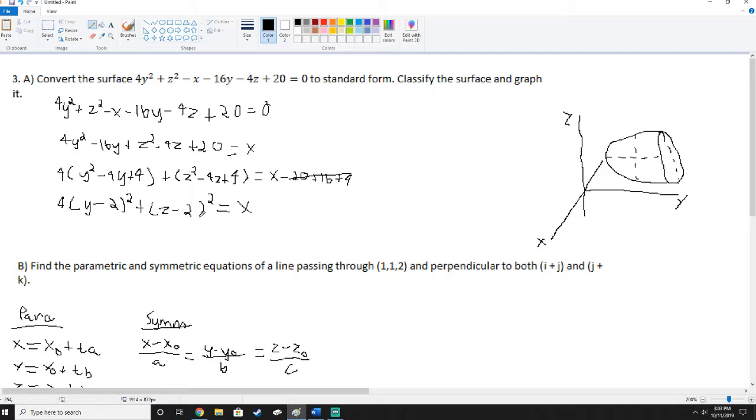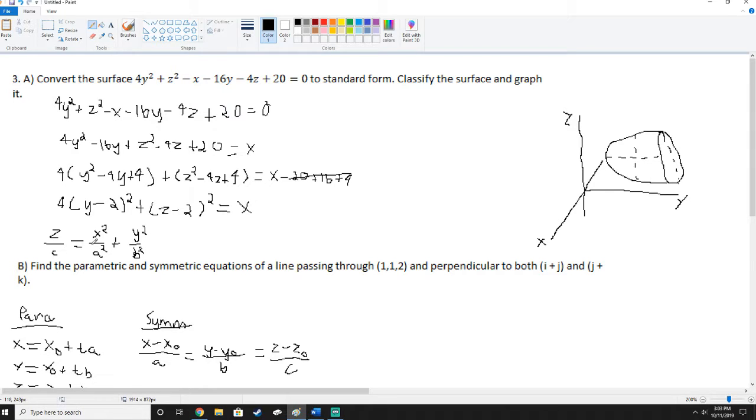Now, if we look closely at our final equation here, this is essentially the standard form, but it also reminds me of this equation right here, which is z over constant c is equal to x squared over a squared plus y squared over b squared.